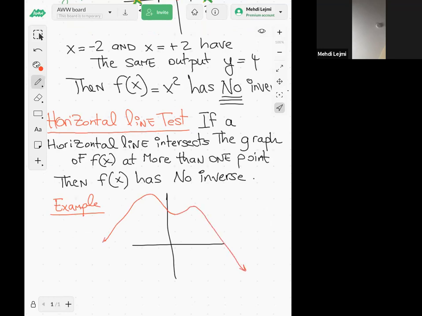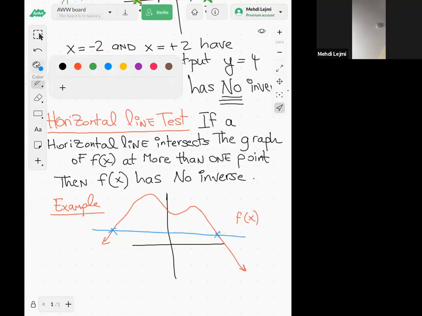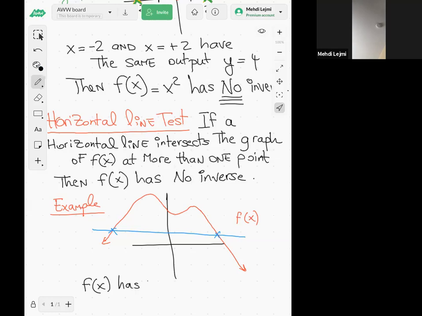Okay, this is my f of x. Like in this example, of course, if you take this horizontal line here, it's going to intersect the graph at 2 points. So then you are done. Your f of x has no inverse.